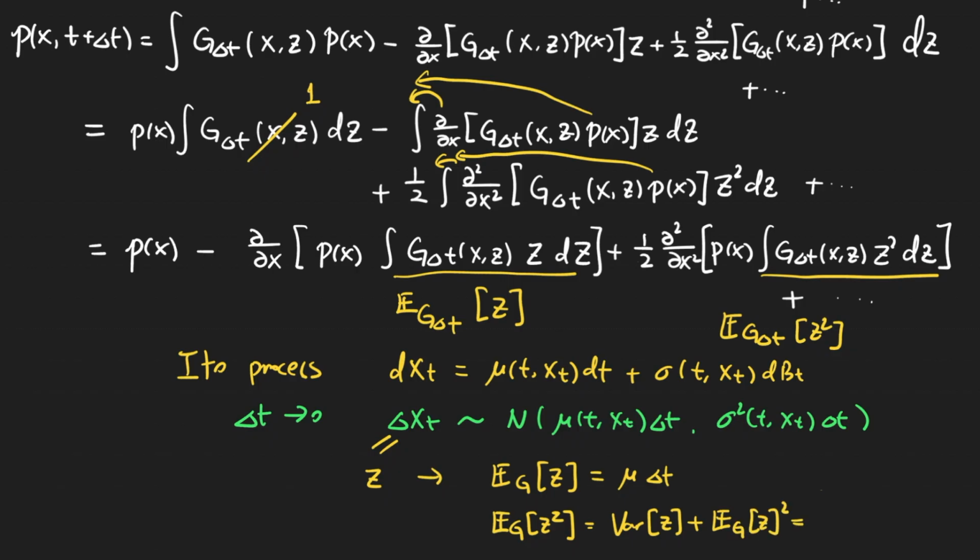So that equals sigma squared delta t plus mu squared delta t squared. And then because delta t is very small, this delta t squared simply goes to 0. So we'll just have sigma squared delta t.